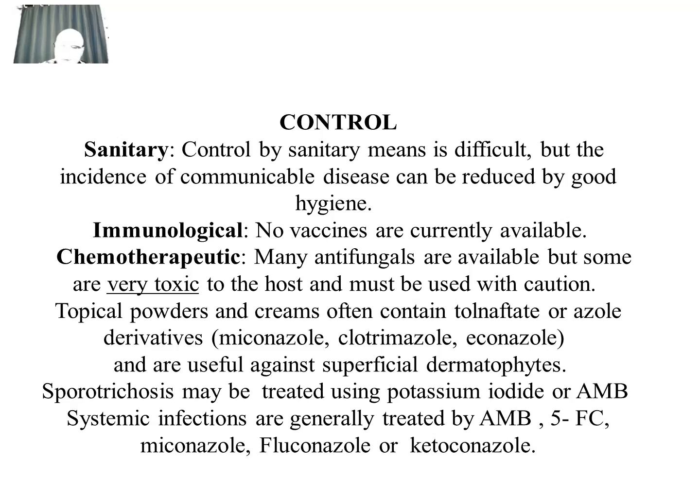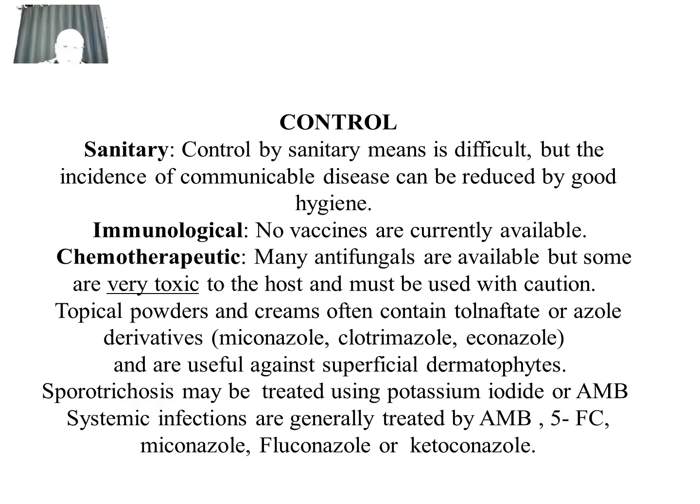There is no vaccine currently available for fungal infections, and chemotherapeutic drugs are there, but they are toxic. We always like to use topical rather than systemic, because these drugs are toxic to the liver. So it is advisable to start with topical if the skin is affected; if you cannot avoid it, then you can go to systemic.